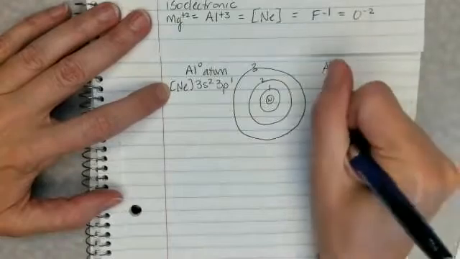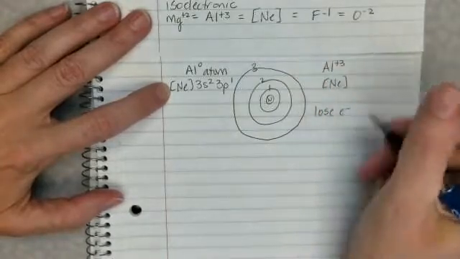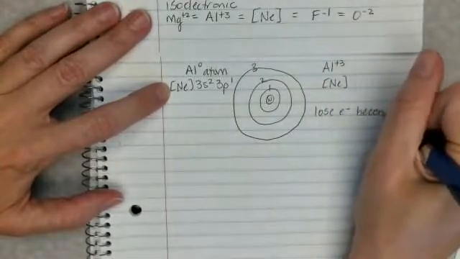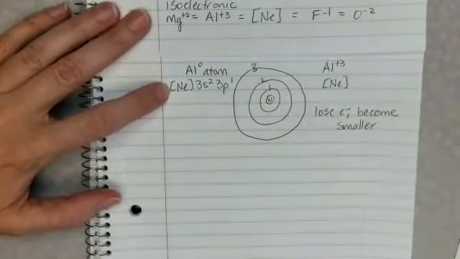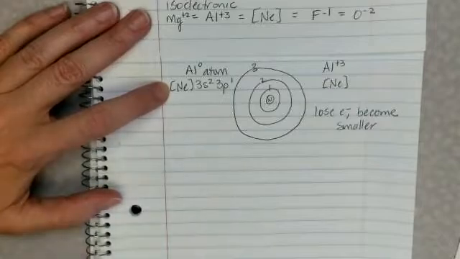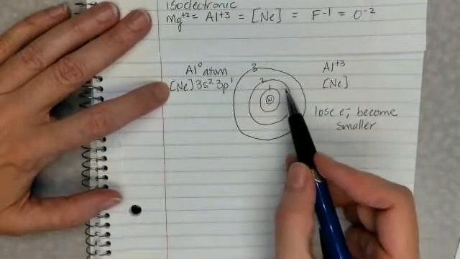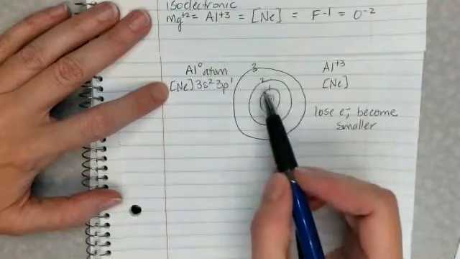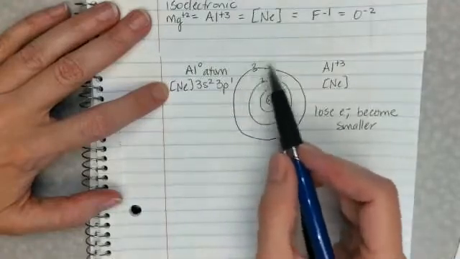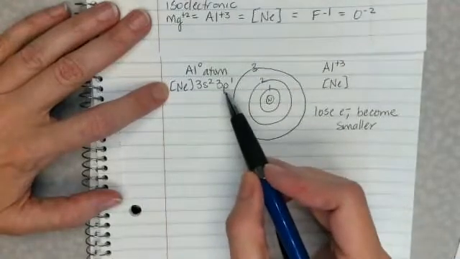So always when you lose electrons, you become smaller. Your distance from the nucleus to the outermost occupied shell decreases. That always made sense. If you're losing electrons, you're going to get smaller. So again, the way to visualize it is in the aluminum atom, I've got the first shell full, second shell full, and now I've gone into the third shell with 3s2 3p1.